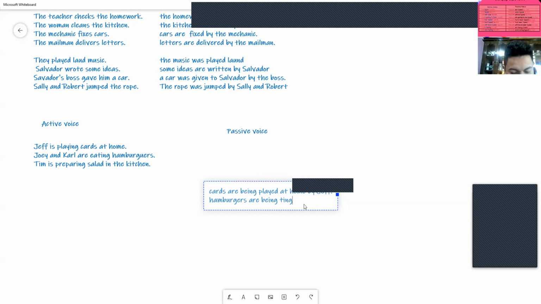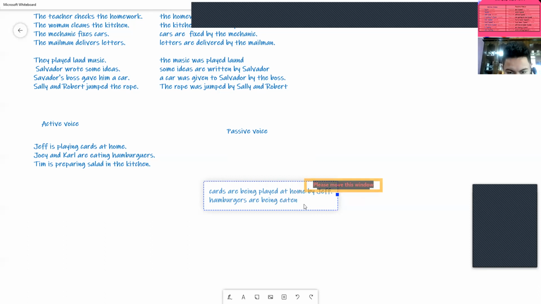A ver, busca el verbo eat. ¿Cuál es el pasado participio de eat? Hamburgers are being eaten. Eaten.